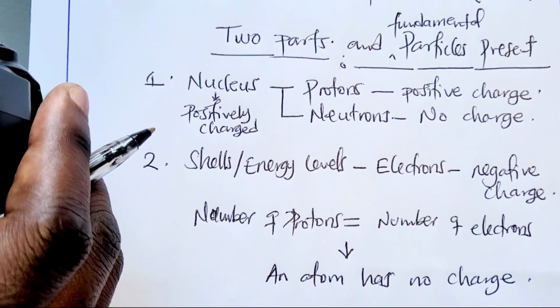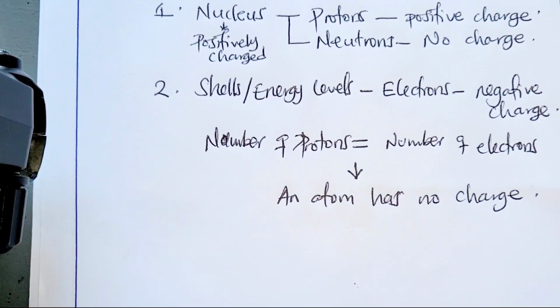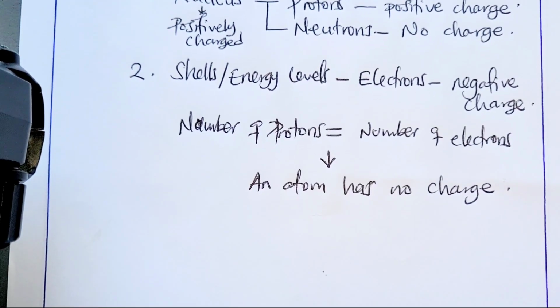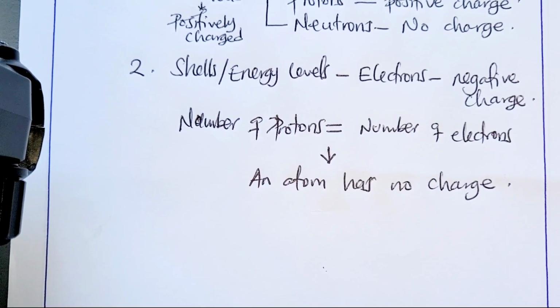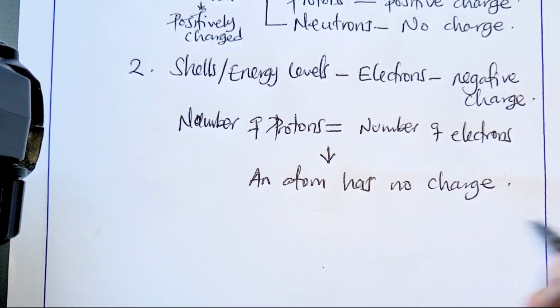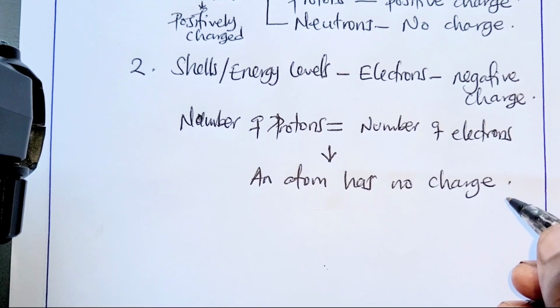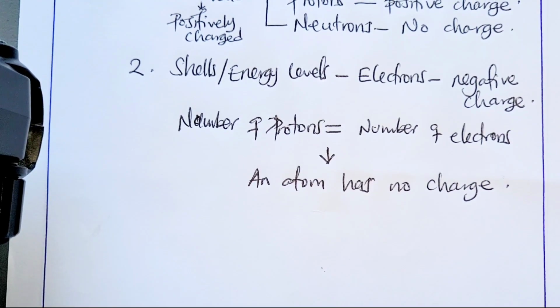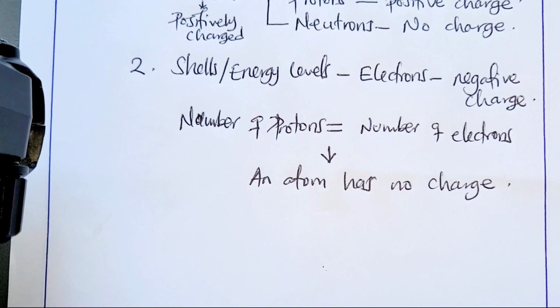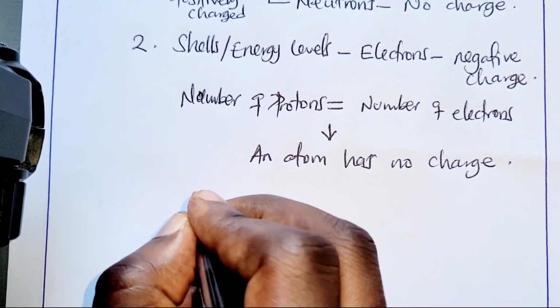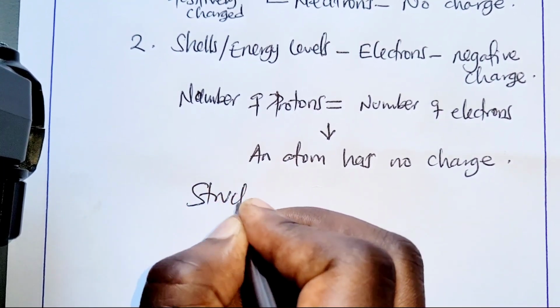If a charge comes in, then this is not an atom. If it has a charge, either positive or negative, we no longer call it an atom, but we call it an ion, which we are going to explain in the next video.